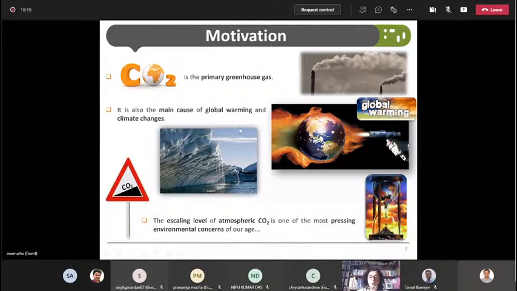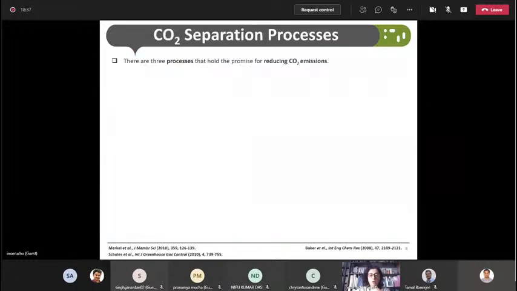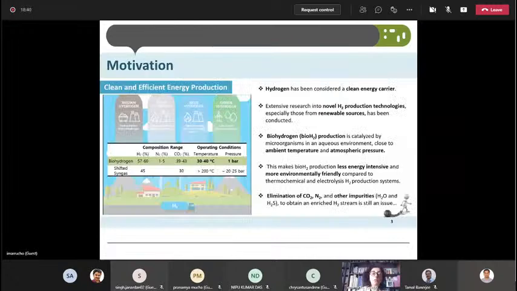However, there are a lot of other relevant CO2 separations, not only CO2 from flue gas, from post-combustion, but we can also have the production of, for instance, biohydrogen, which I'm also going to explore a little bit here, for energy. Right now, I think the whole world is talking about hydrogen and hydrogen production, and we can produce hydrogen from syngas, which demands very high temperatures and very high pressures.